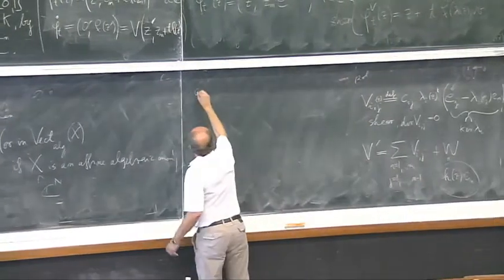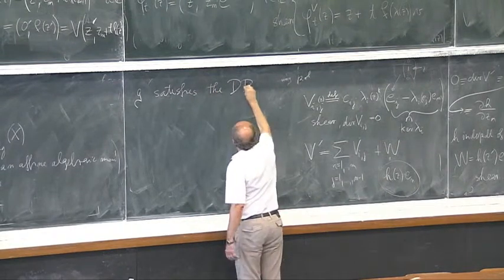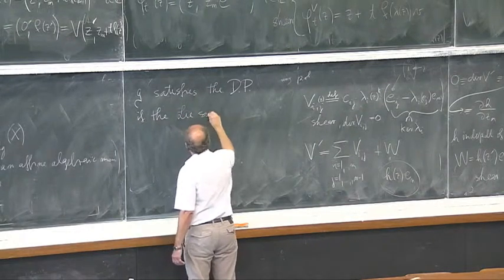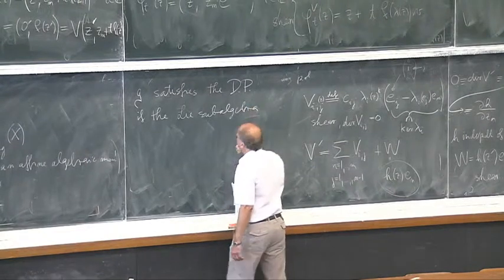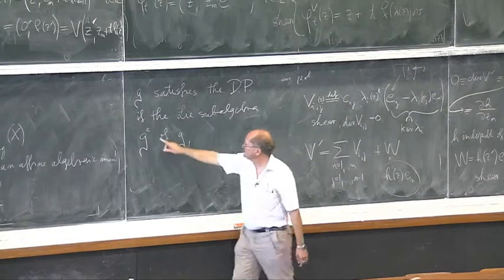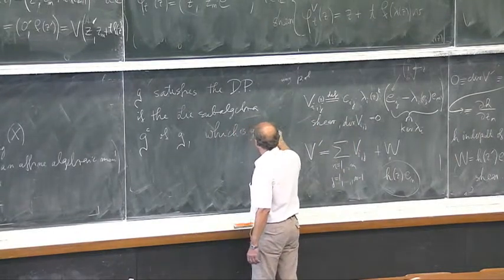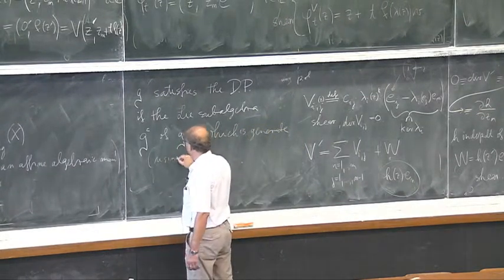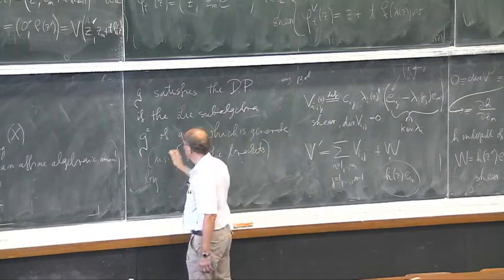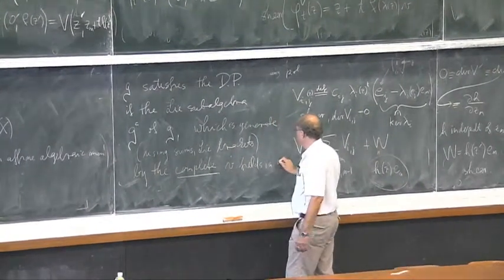And you say that G satisfies the density property if the Lie subalgebra, let me just write G_C of G, which is some Lie subalgebra of G, generated using sums and Lie brackets by the complete vector fields in G, okay?